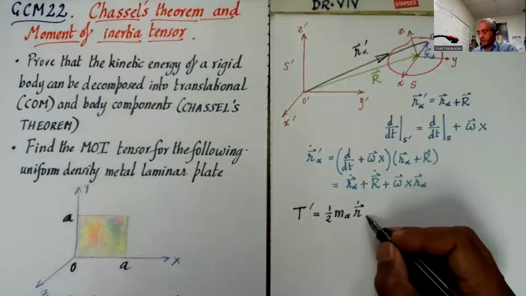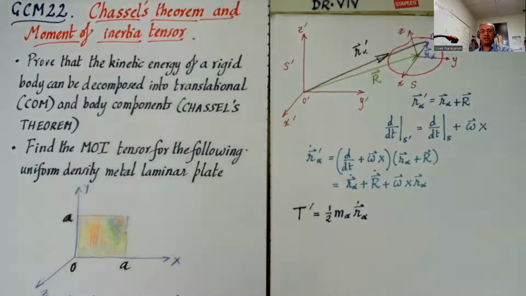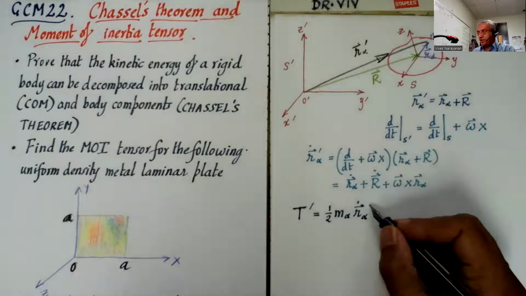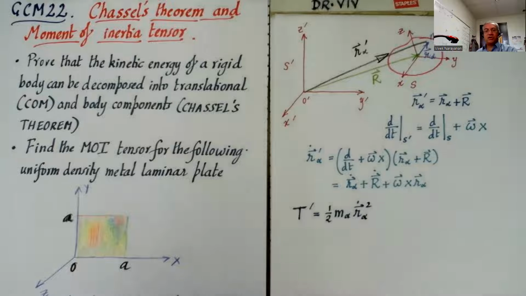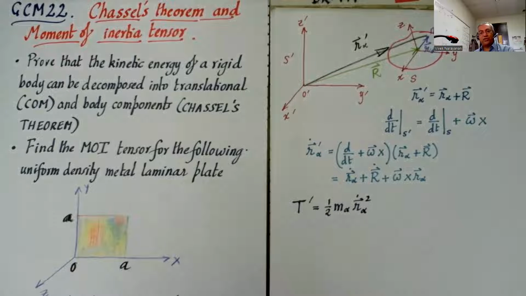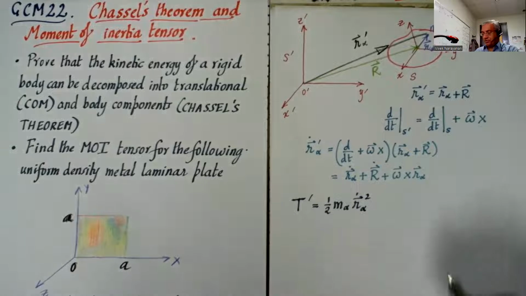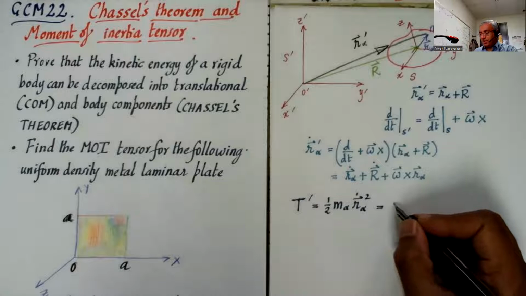So the alpha particle will have that kinetic energy. Kinetic energy is squared. What does it mean to square a vector? It means to take the dot product with itself.